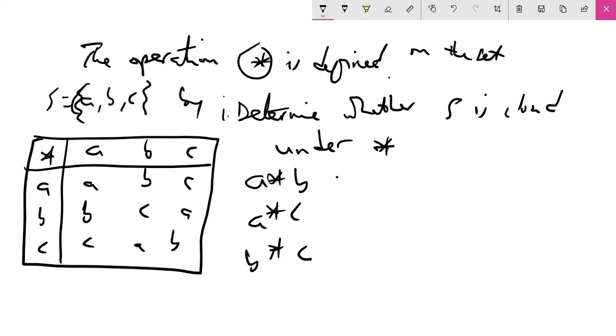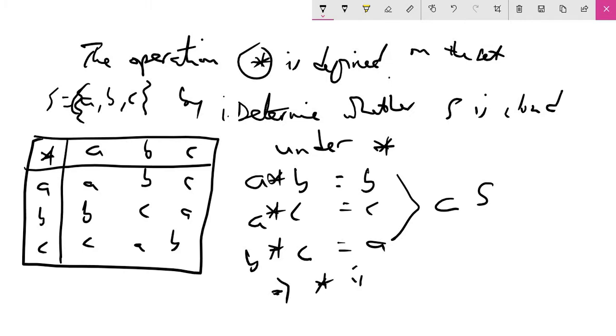Okay, and then we look at the results. From the table, A star B gives B, A star C gives C, B star C gives A. These all belong to S. So this implies S is closed under star.